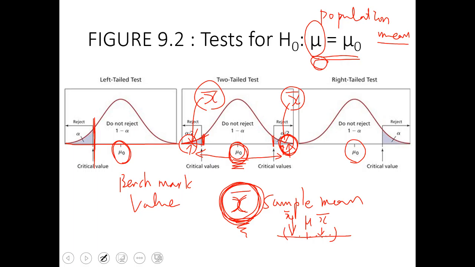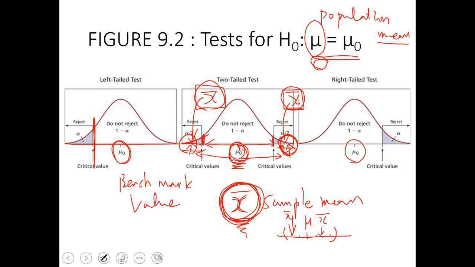Then the probability that our sample mean is far from our benchmark is alpha.